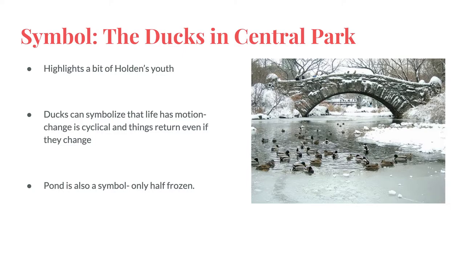It also symbolizes that life has motion and nature also has motion. And then the pond is half frozen. So this represents the stage of life that Holden is currently facing. He's half an adult and he's half a child, and he's in that in-between stage where he is not fully committed to either side.